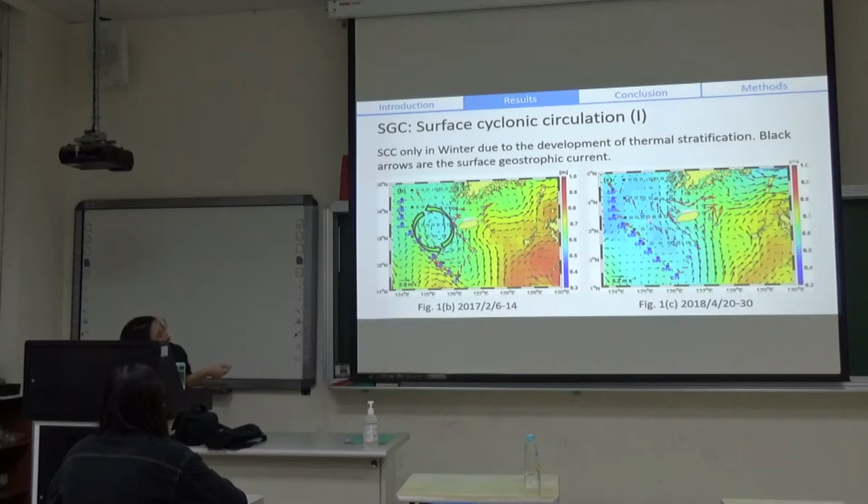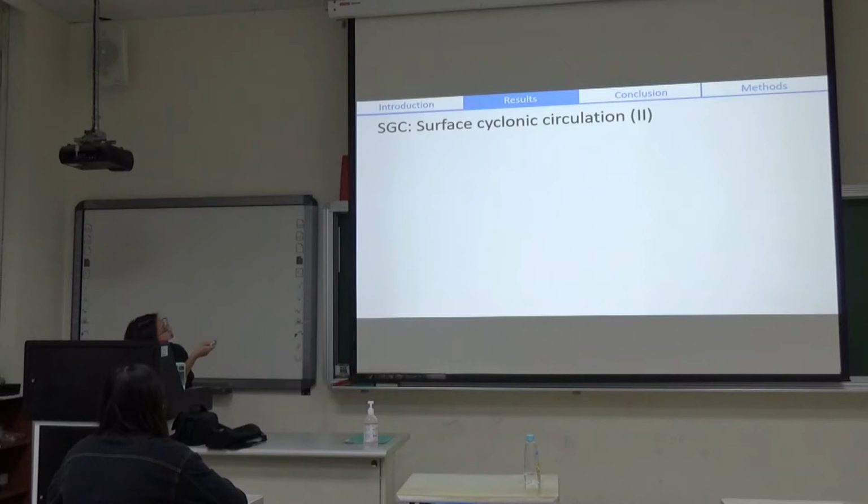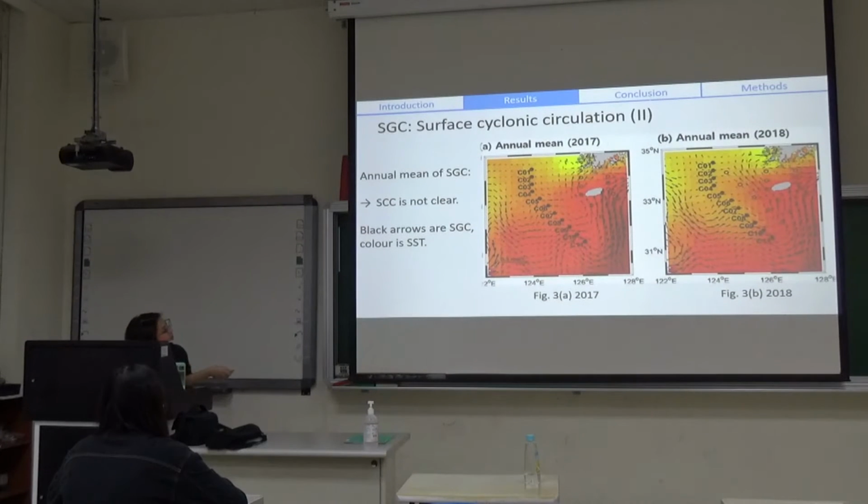in April as spring. These are the figures that also show the geostrophic current. The left panel is observed in 2017, the annual mean of SGC, and the right panel is observed in 2018, the annual mean too. As you see, you cannot find the SGC here and here.